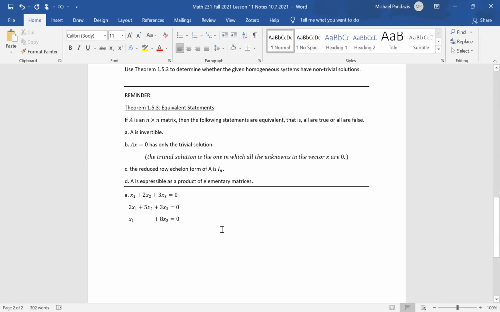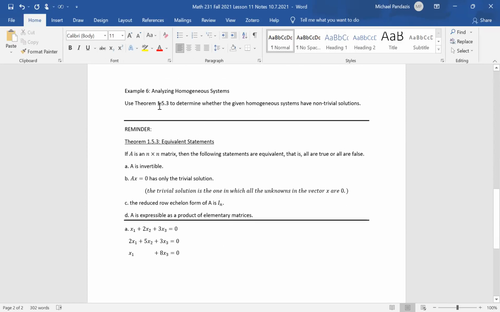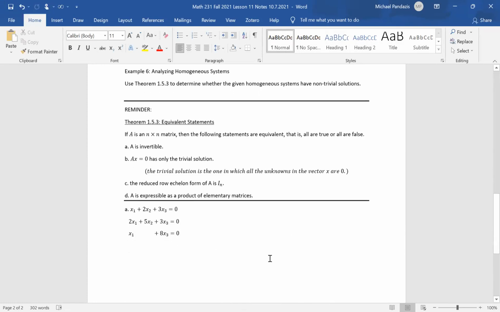Okay, so this is our given linear system. The goal is to determine whether this given homogeneous system has non-trivial solutions.